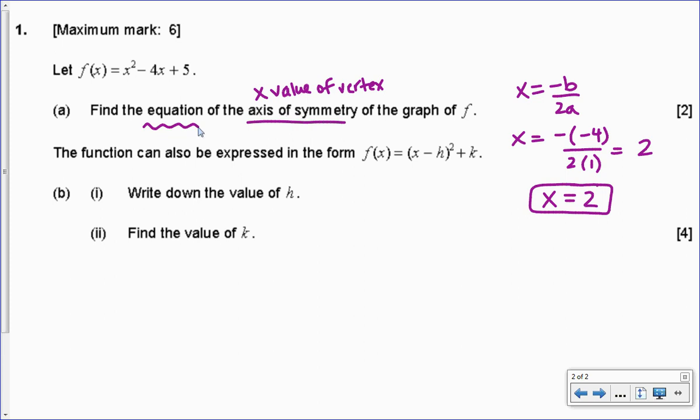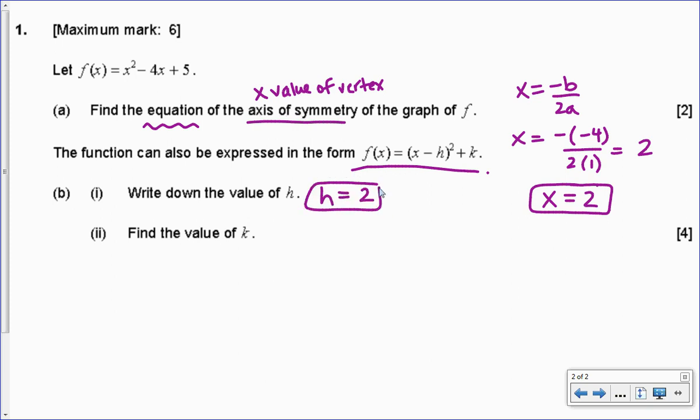And then it says this function can also be expressed in the form (x minus h) squared plus k. That's vertex form. The a value is not even shown there because in both of these, the a value is 1, so they don't even show it. So they're asking us to then write down the value of h and find the value of k. h, we know, is the x coordinate from the vertex. So we already know that h is 2. We just found that out.